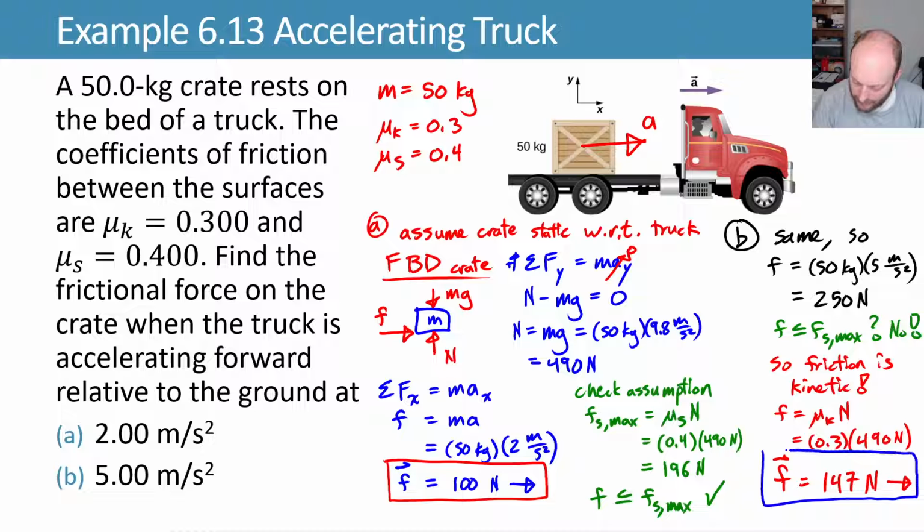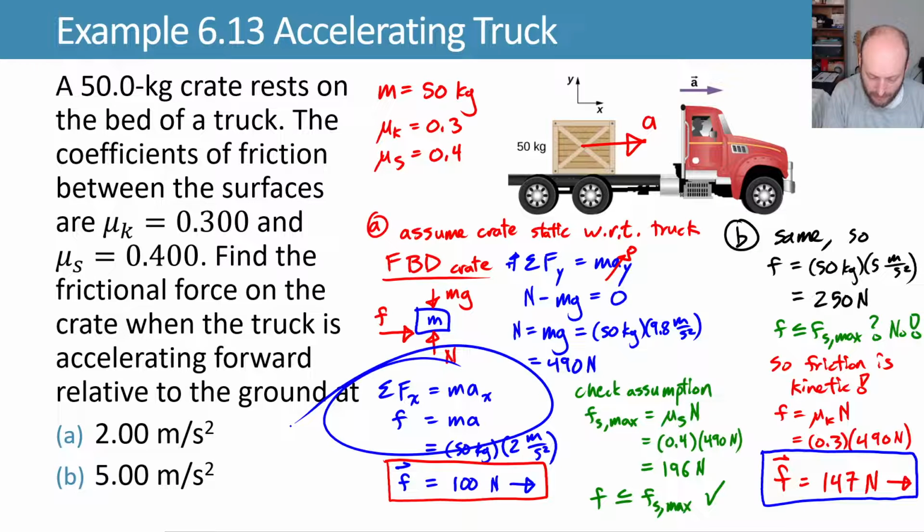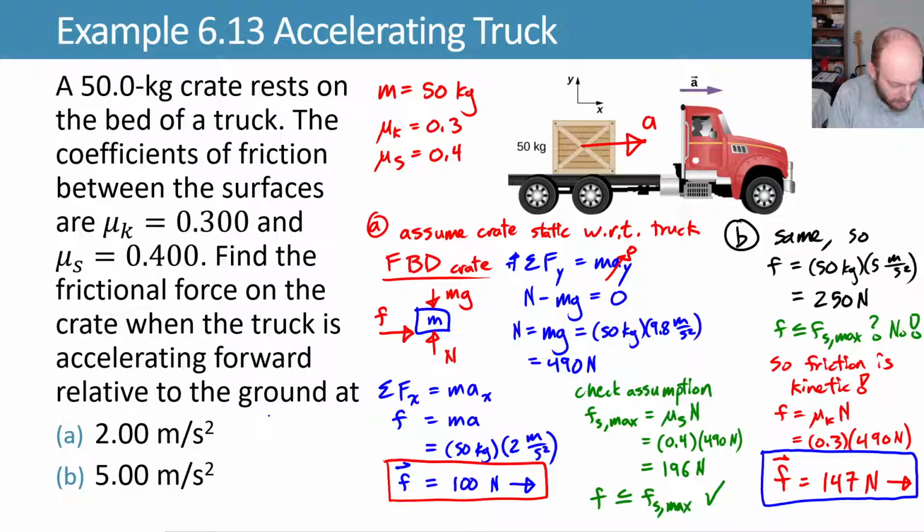This raises an interesting question. Could we find the maximum acceleration that we could accelerate with while keeping this crate stationary? And in fact, we could. If we look back to what we had over here, we can apply our limiting case here and say that my force of friction is equal to the maximum.